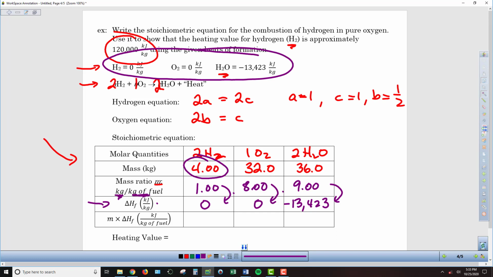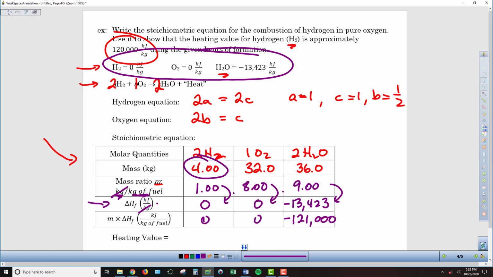If I multiply that times kilojoules per kilogram of that particular item, the kilograms of the particular molecule are going to cancel out, and so then we're going to be left with kilojoules per kilogram of fuel. So 1 times 0 is 0, 8 times 0 is 0, and then 9 times that negative 13,423. If we round off to 3 significant figures, we're going to get negative 121,000 kilojoules per kilogram of fuel.